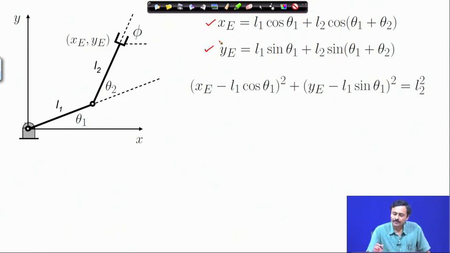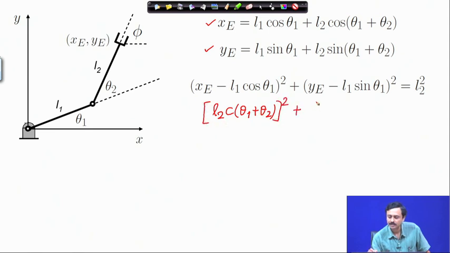Therefore, x e minus L 1 cos theta 1 whole square plus y e minus L 1 sin theta 1 whole square must be equal to L 2 square, because this gives me L 2 cos of theta 1 plus theta 2 whole square plus L 2 sine of theta 1 plus theta 2 whole square.